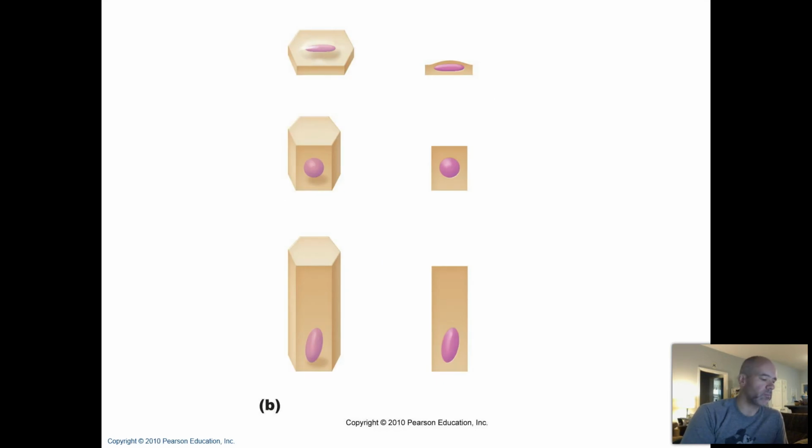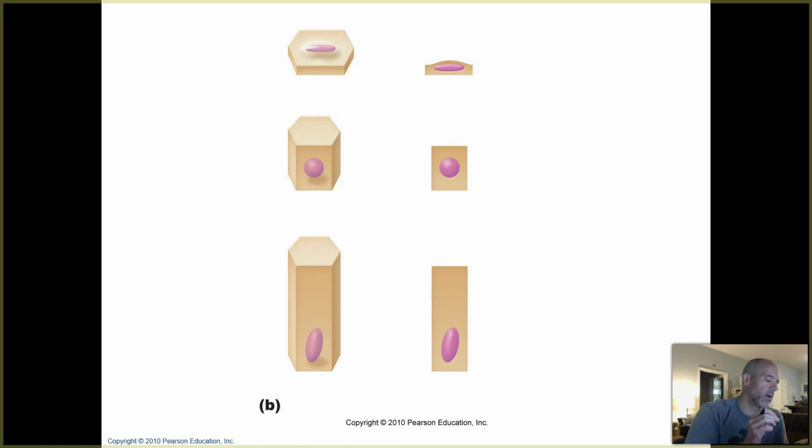All right, so some pictures from your textbook of different cell shapes, just to review. This is a flat-looking cell. I'm not real crazy about these pictures from your textbook because they kind of look like chiseled pieces of wood, and cells don't really look like that, but we'll go with it. So if we have a flat cell, what's our term for that? Squamous. This would be a cube-shaped cell.